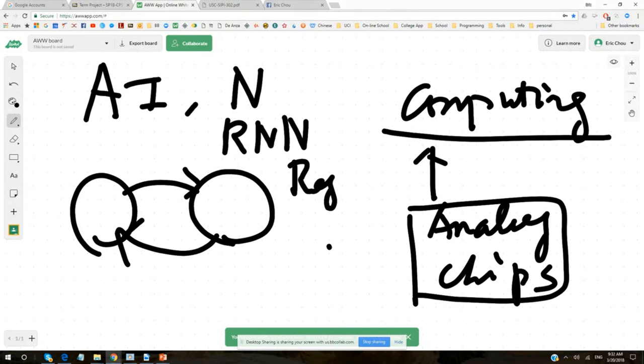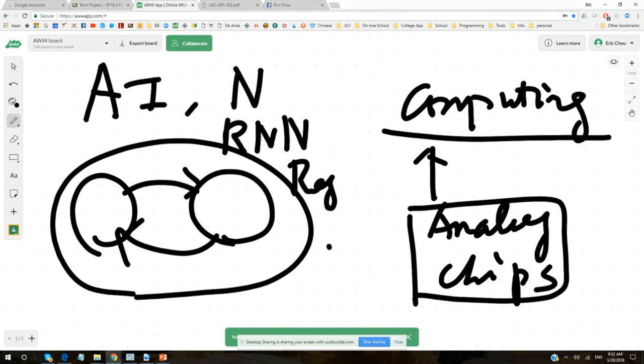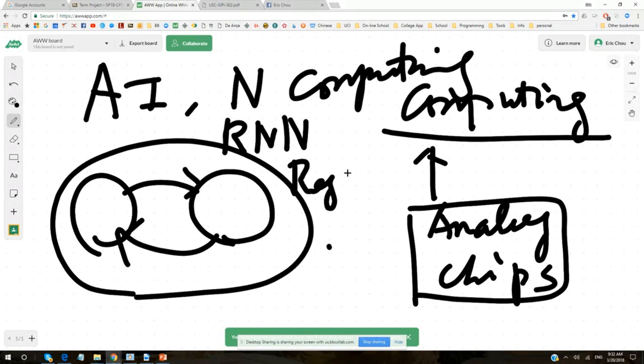I call this a computing model. With that computing model, I built some MATLAB code and later C language code to do some computation. So basically, this is related to computer programming language.